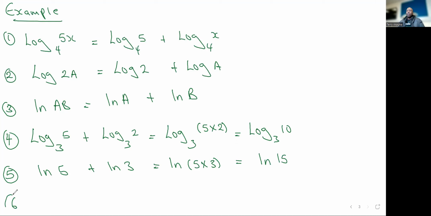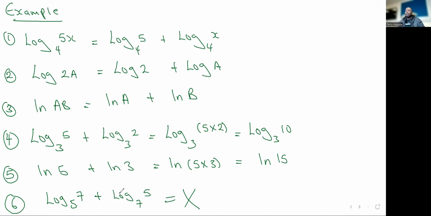Number 6, if we have log 7 to base 5 plus log 5 to base 7, you can't multiply this one. It's not possible because you can see they have different bases. So you have to apply other laws to manipulate this. But when the bases are the same, you can what? Multiply the logarithms together.